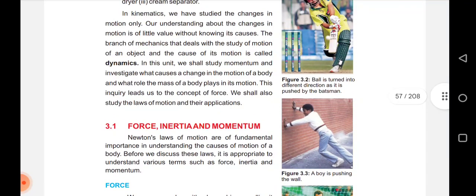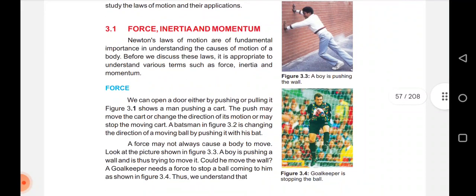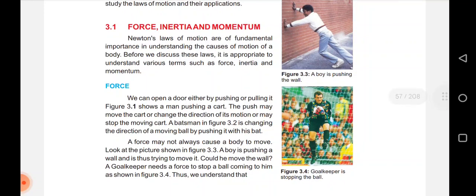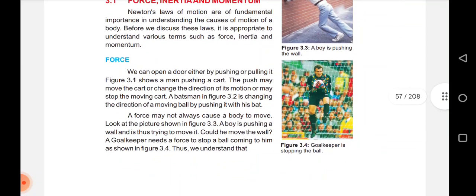In figure 3.2, a batsman is changing the direction of a moving ball by pushing it with his bat. A force may not always cause a body to move.